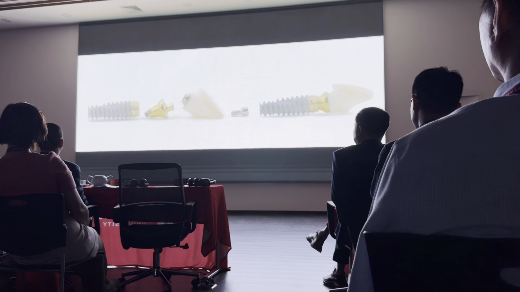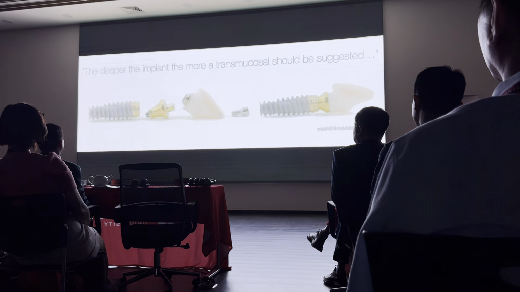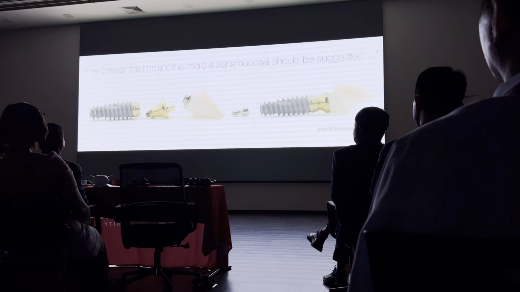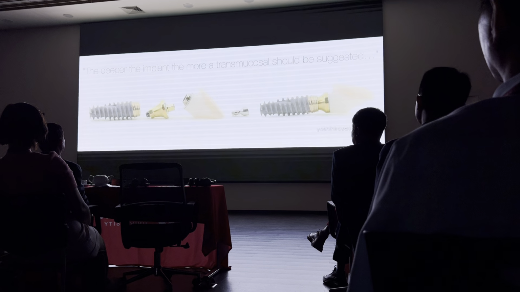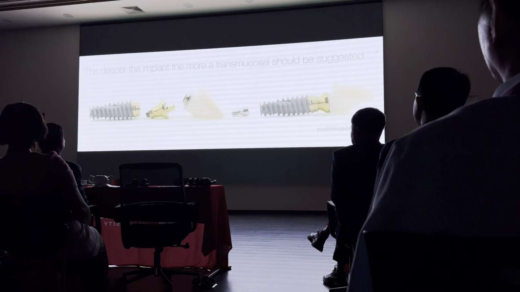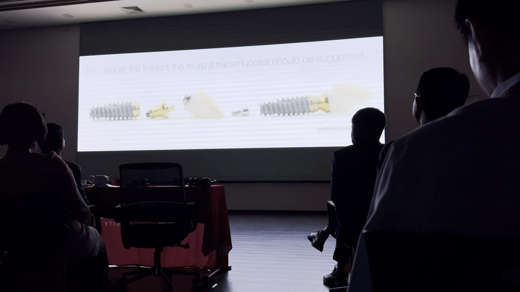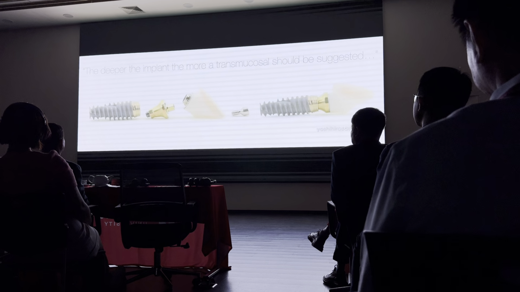On1 has many problems, but when do I use transmucosal adaptation? When I'm planning that my implant is going to be deeper. When I don't have proximal bone, when I don't have local bone, then I will be using the transmucosal. When do I use an On1?